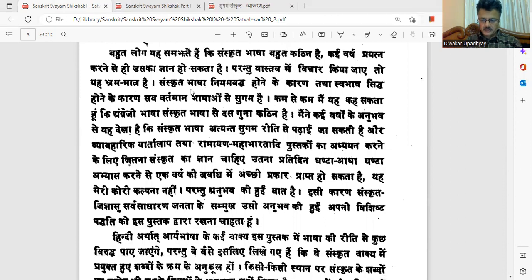Many people think that Sanskrit is a difficult language to learn, but that is not true. That is a misconception. Sanskrit is a language that is very scientific and based on rules, based on system.